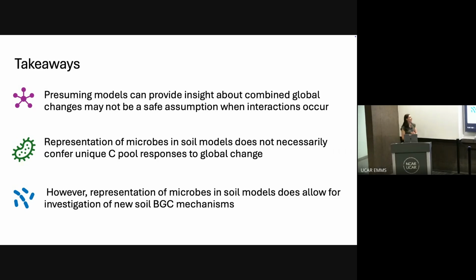In this case, putting microbes in the model didn't necessarily provide a better looking response of carbon pool responses to global change. But having a representation of microbes in the models does allow us to look at these mechanisms that we can't look at without the microbes in the model. And I think that's an exciting thing we can look at. And that's all I have. Thanks.